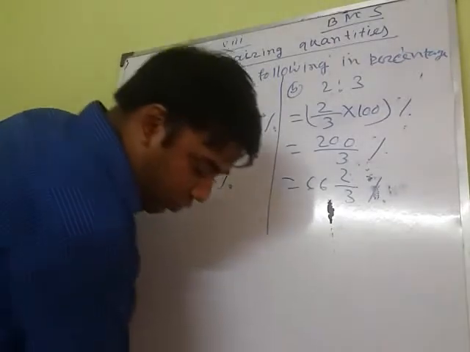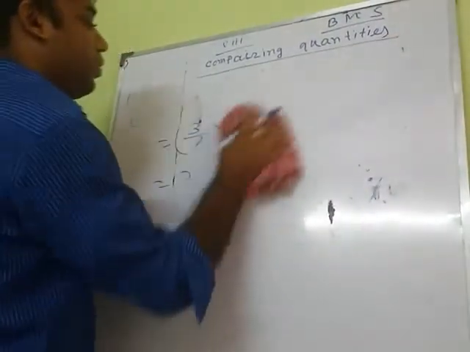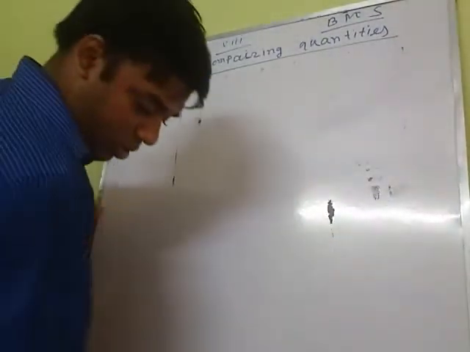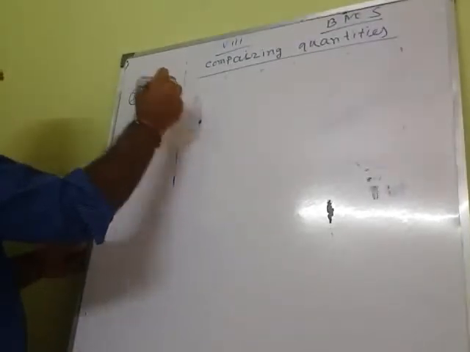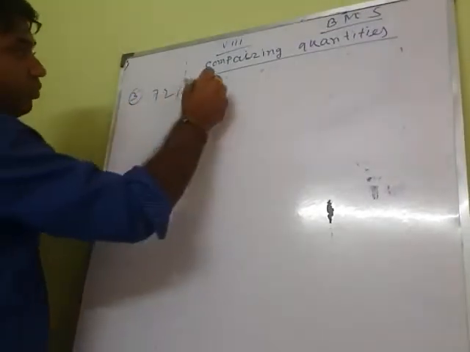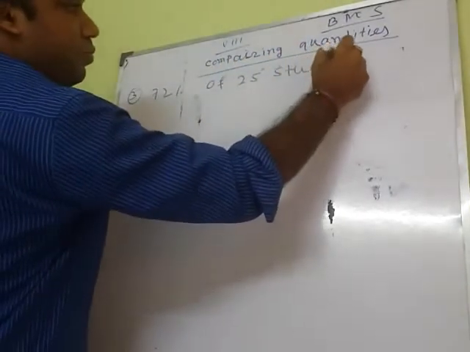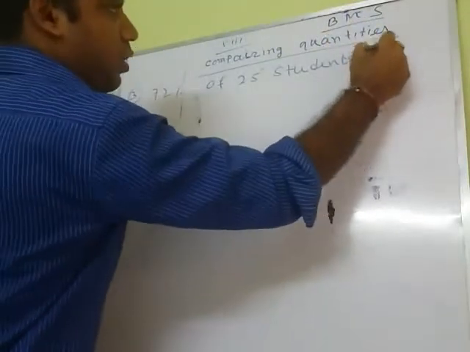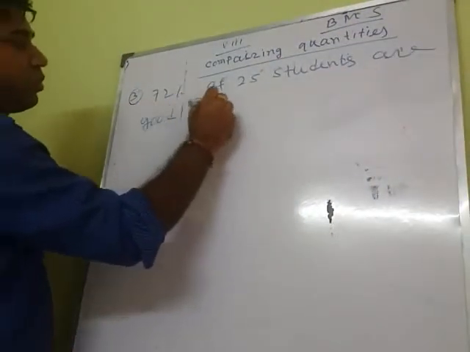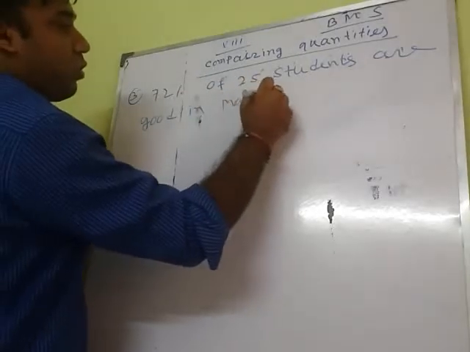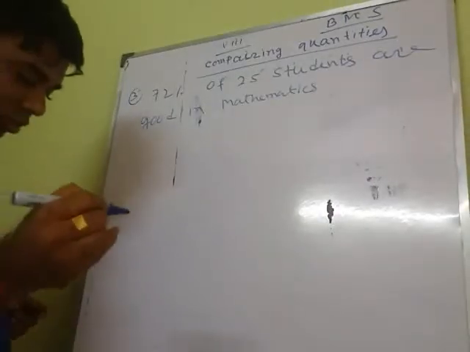Now question number 3. 72% of 25 students are good in mathematics.